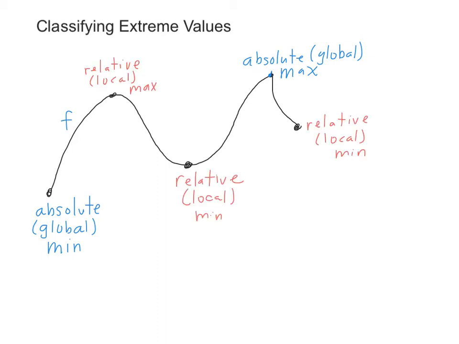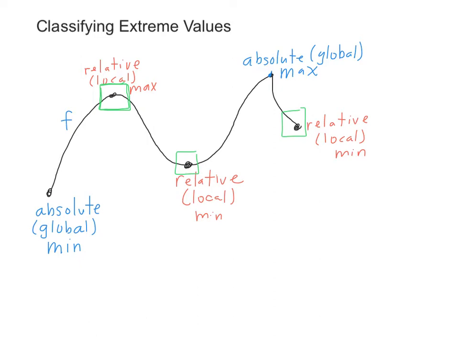Now, these other points we refer to as a relative or a local min or max. So, in other words, if we were to focus in on this general neighborhood, that general area of the function, if we were to look pretty close at this region here around these points, we would see that first up here within this region, that is a high point, right?